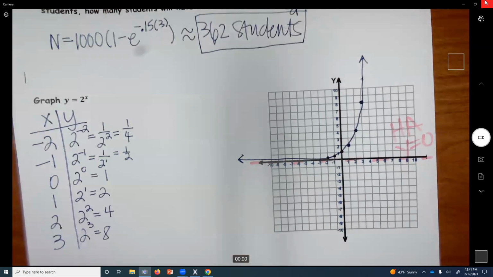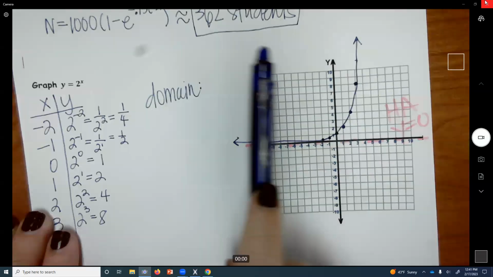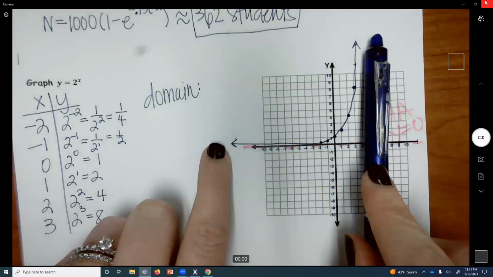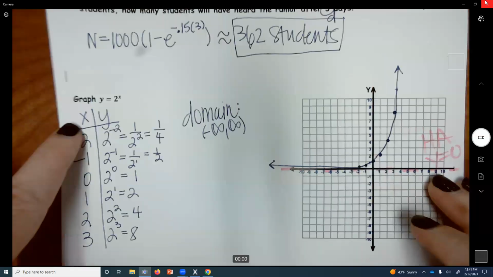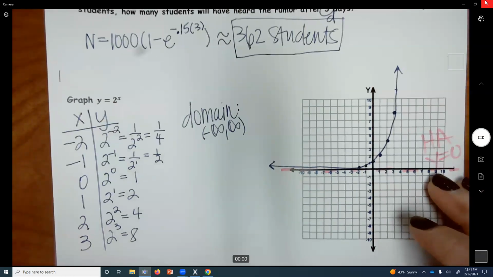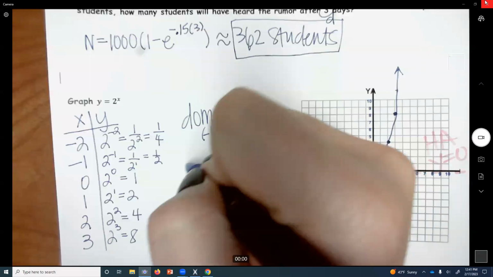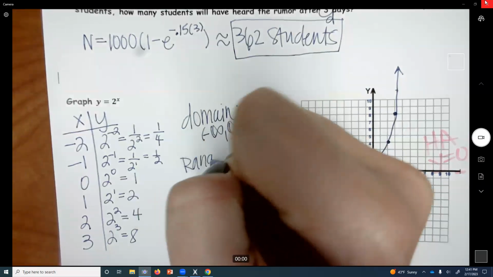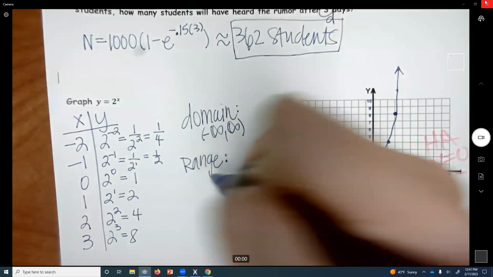So let's talk about this graph. What is its domain? As you go from left to right, you go arrow to arrow. This is -infinity to infinity. I can plug in any number I want into this x. What about its range?